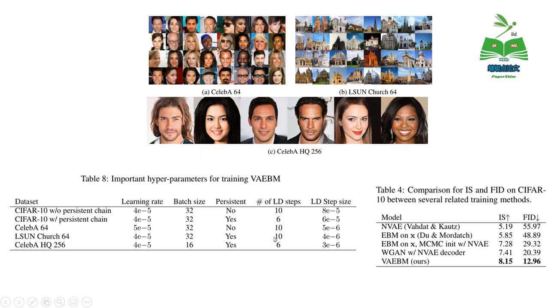So it's a fast method, because I think for methods like the short-run energy-based model, it may use about 60 steps to train the energy-based model. So it's almost six to 10 times faster.